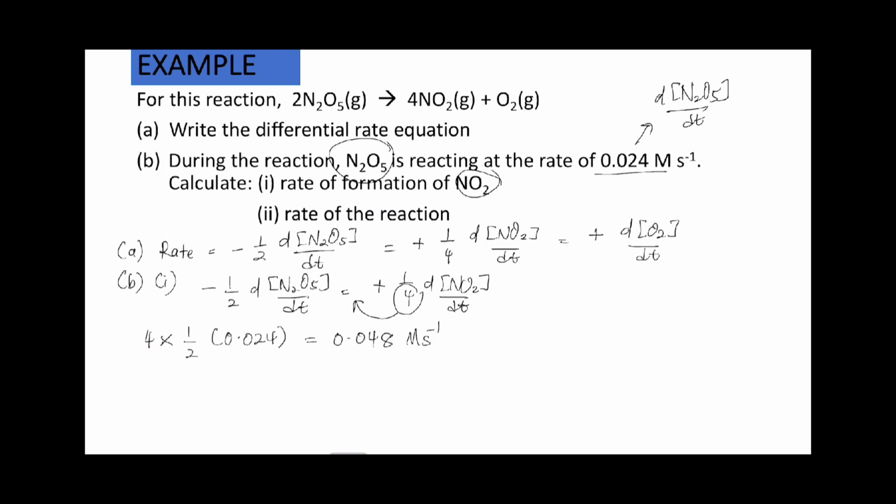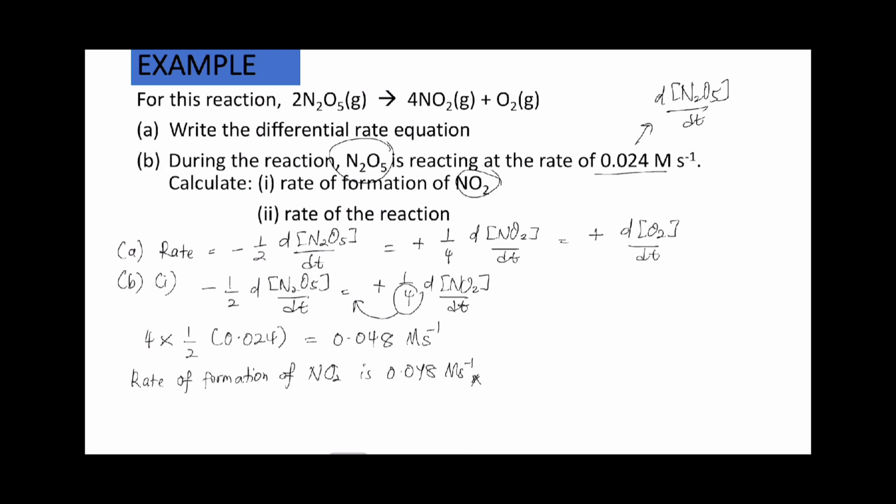When you write the answer, you can just ignore the positive or negative sign. But the final answer you have to write in a sentence: the rate of formation of NO2 is 0.048 molar per second. So this is the final answer.